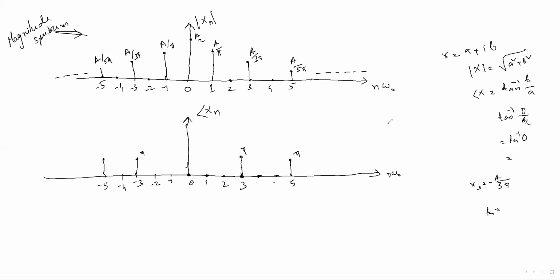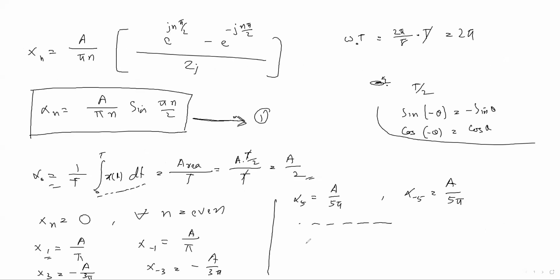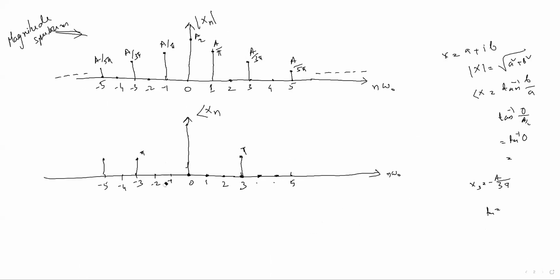In 5, I think the positive number is given. In 5 we have got a positive real number. So in 5 also we will not get the value, but we will get it in 7. In 7 we will get again pi. This is called the phase spectrum. Okay.